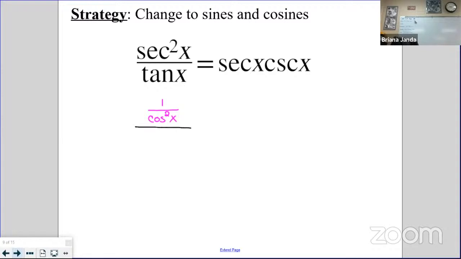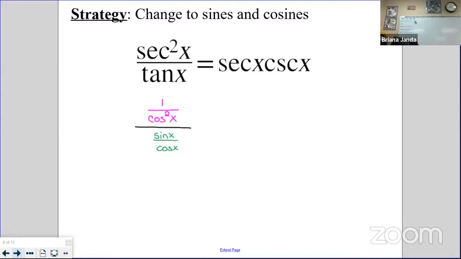And that is divided by tangent, tangent being sine of x over cosine of x. Now we're going to talk algebra. If I am dividing something by a fraction, it is the same as multiplying by what? The reciprocal. And so that is something you will use a lot.